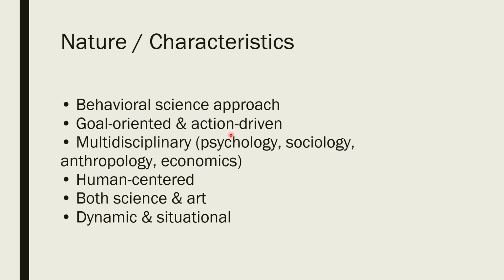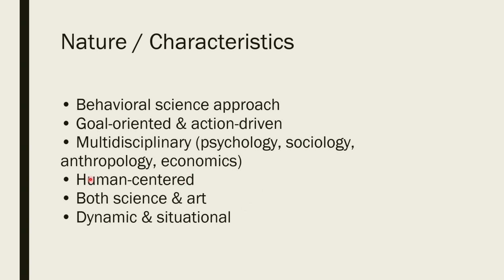Then we say that it is multidisciplinary. Why? Because as we had discussed in the last slide, it derives from psychology, sociology, anthropology, economics. So it is a combination of different disciplines which helps us in borrowing insights from several social sciences. We say that the concept of organizational behavior is human-centered and also dynamic and situational.